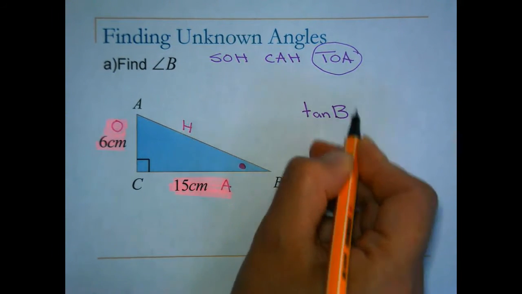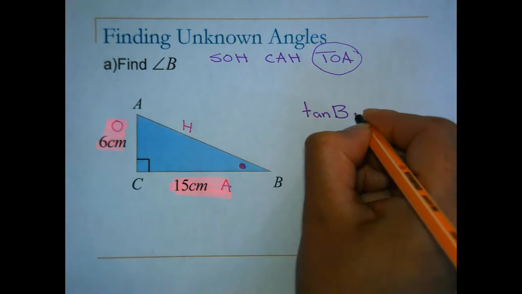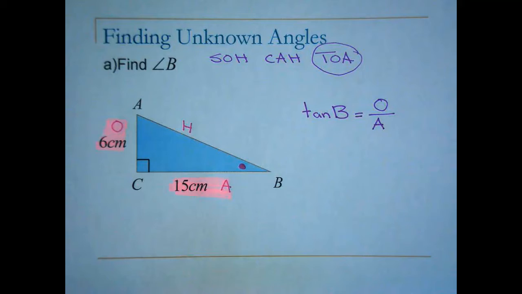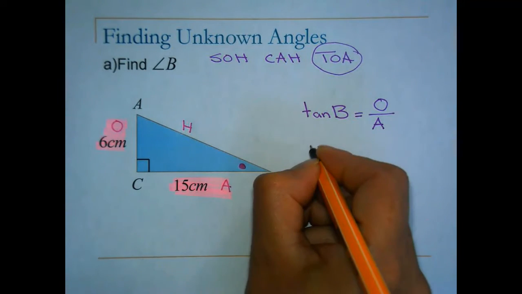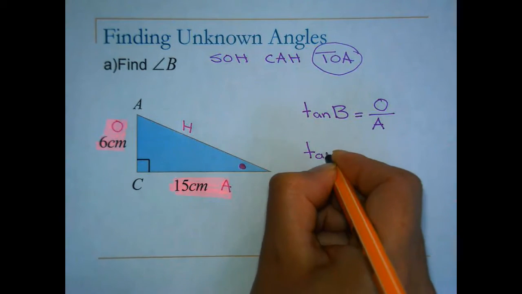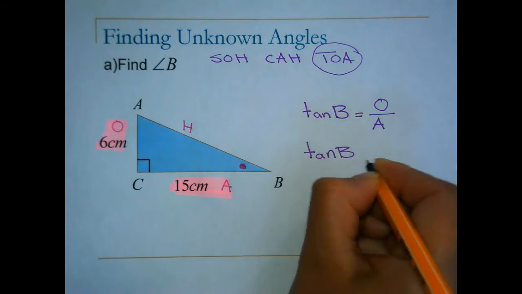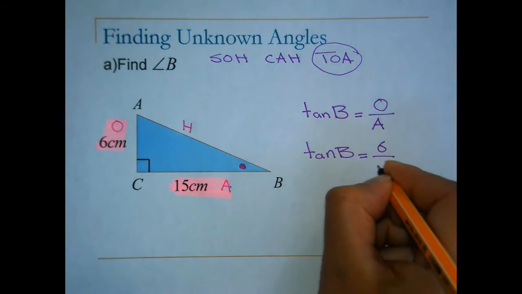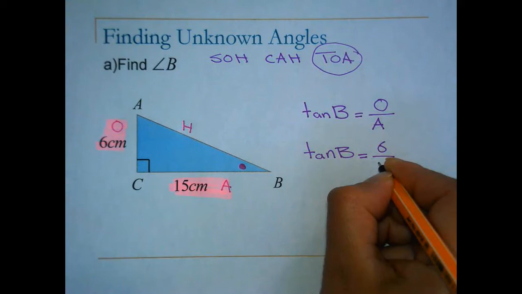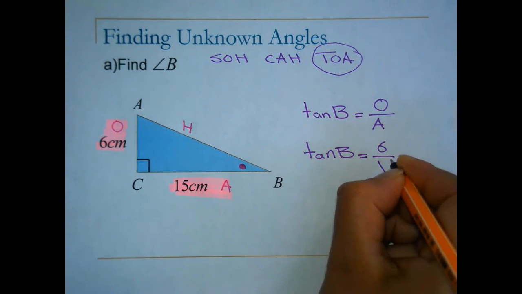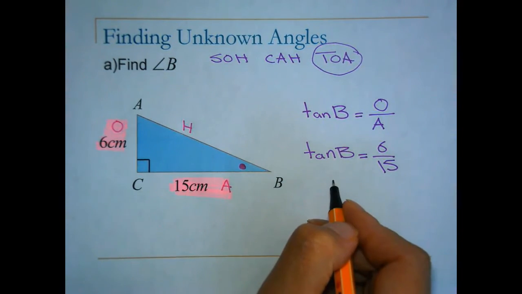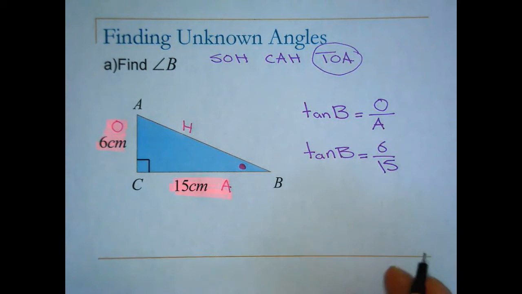Tangent of the angle you are trying to find is opposite over adjacent. Now you substitute with the values. So tangent B equals, opposite is 6 and adjacent is 50. Now at this point you are ready to find the angle.